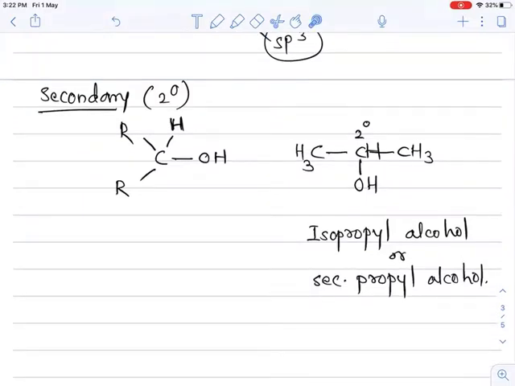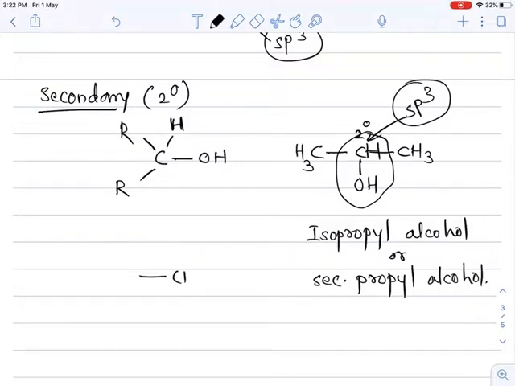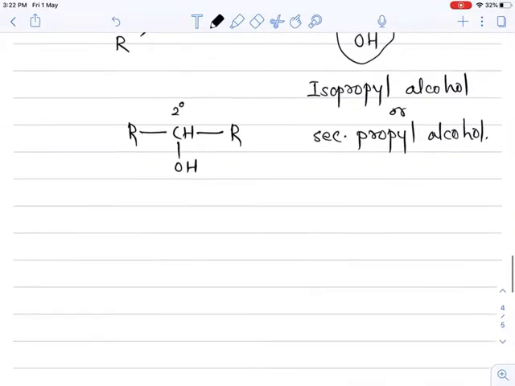Both are common names, isopropyl alcohol or secondary propyl alcohol. If you observe, the carbon which is attached with the OH group is singly bonded, means it is sp3 hybridized, and the functional group of this compound is the divalent CHOH group. The carbon is attached to 2 other carbon atoms, that's why it is a secondary alcohol.